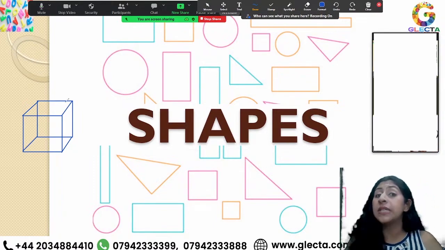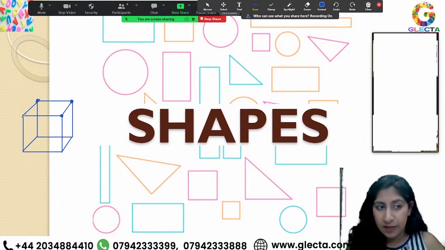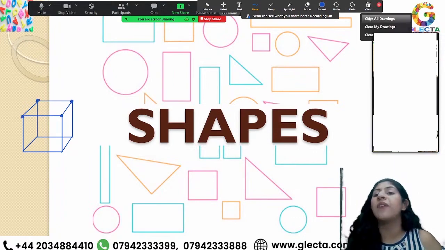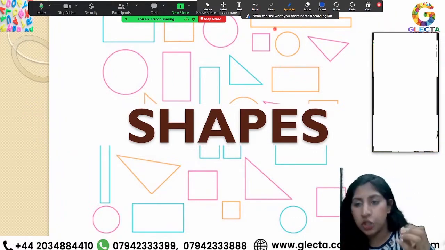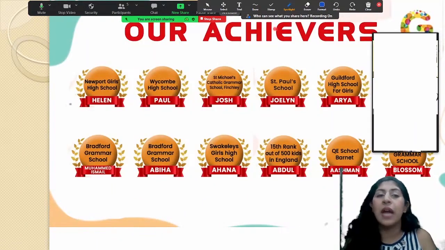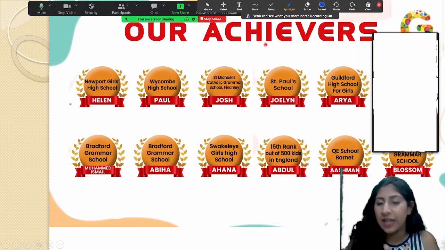Noor, how many vertices do we have in a cube? Correct. Very good. We have 8 vertices. So, like I said, I'm going to be discussing the terminologies today mainly, right? The kinds of terminologies that we use for our cubes, cuboids, and everything.